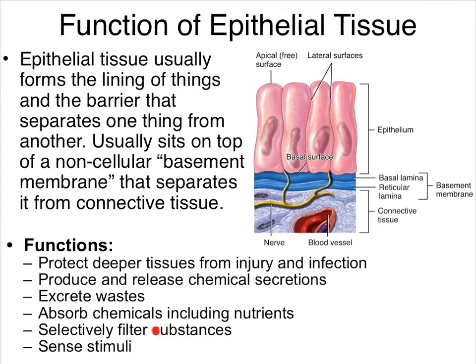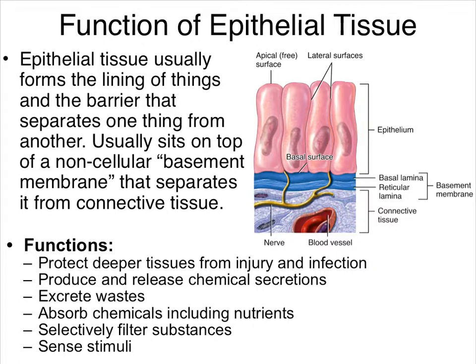And your epithelium contains most of your sensory surfaces. You have a lot of sensory nerve endings in your epithelium, particularly in your skin, but other epithelial surfaces as well.